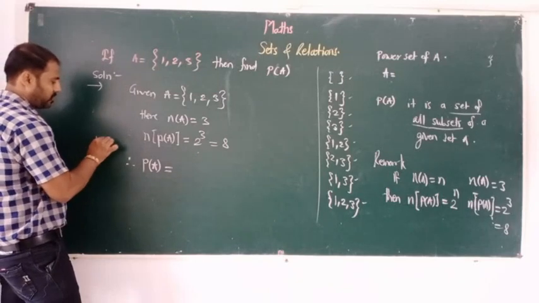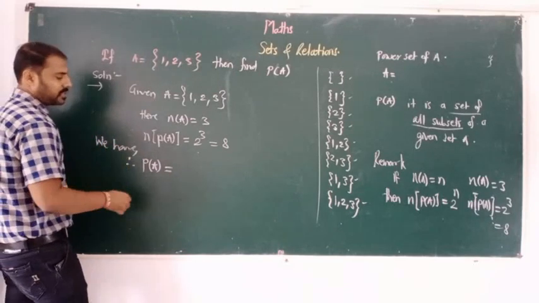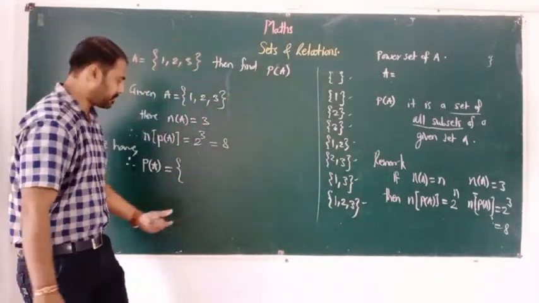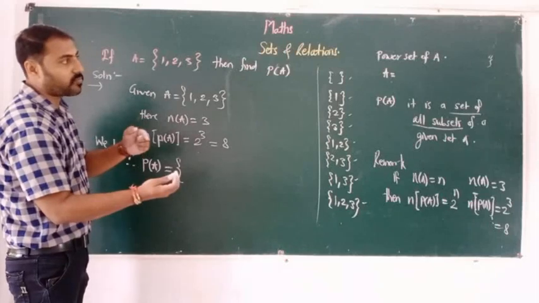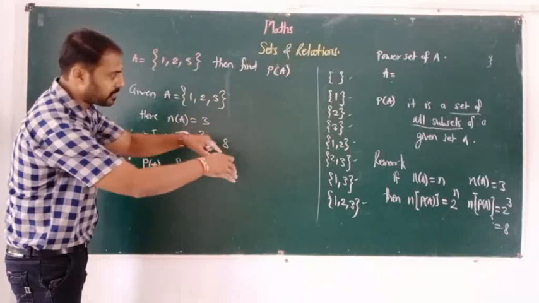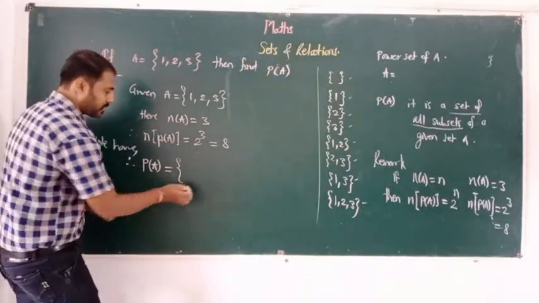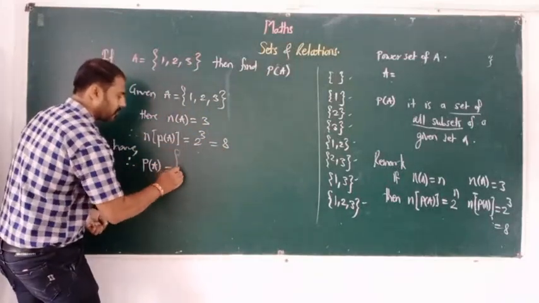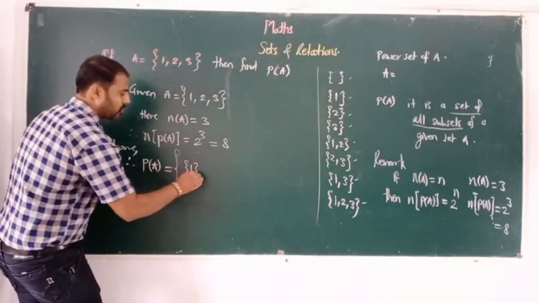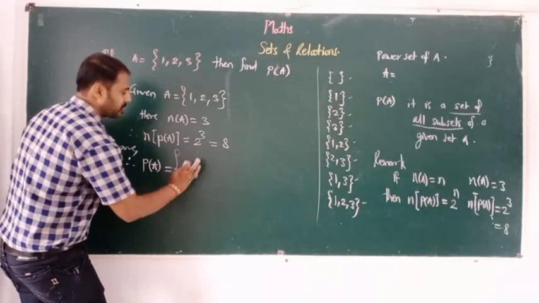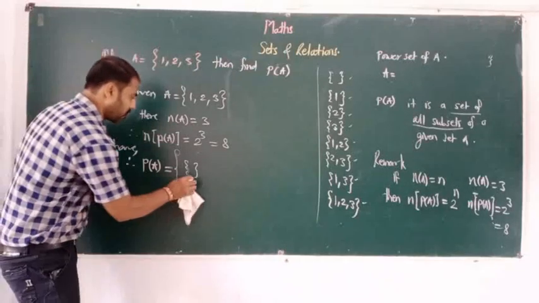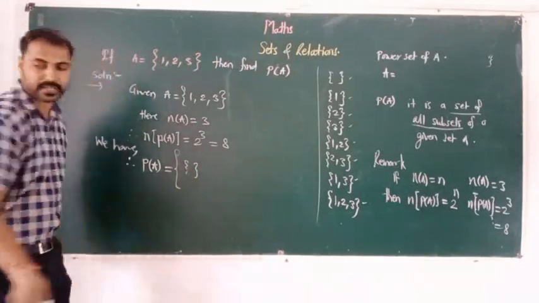We have P of A is equal to, I am writing all these sets in a set. It is a set of all subsets, so all subsets are written in curly brackets. Here is a curly bracket. I am writing the empty set first, so only curly brackets are written here.